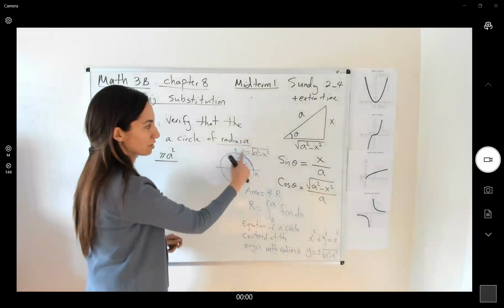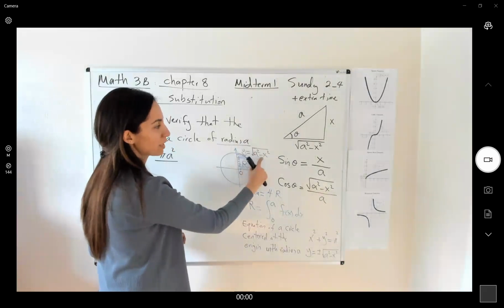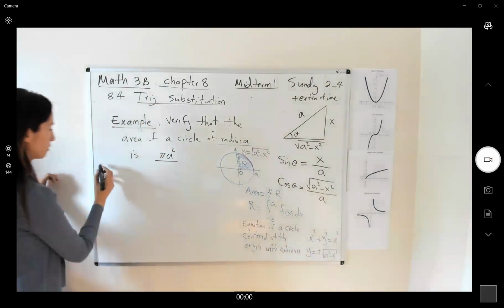So we found the function f of x, or y, is equal to the square root of a squared minus x squared. Very well.